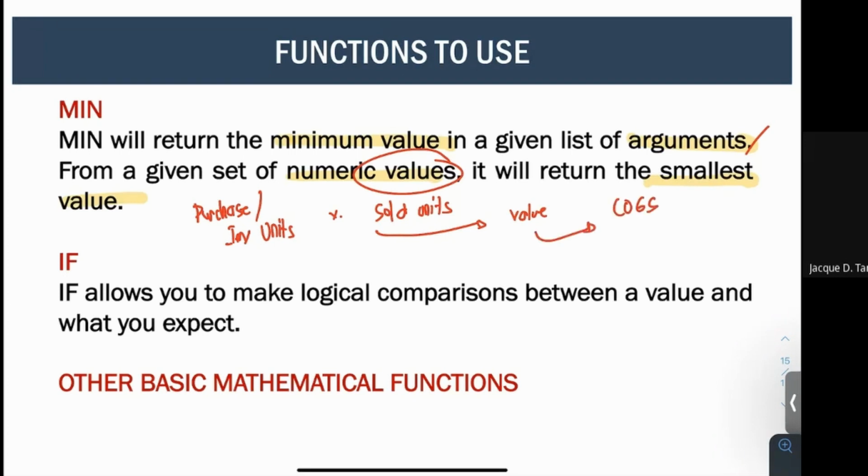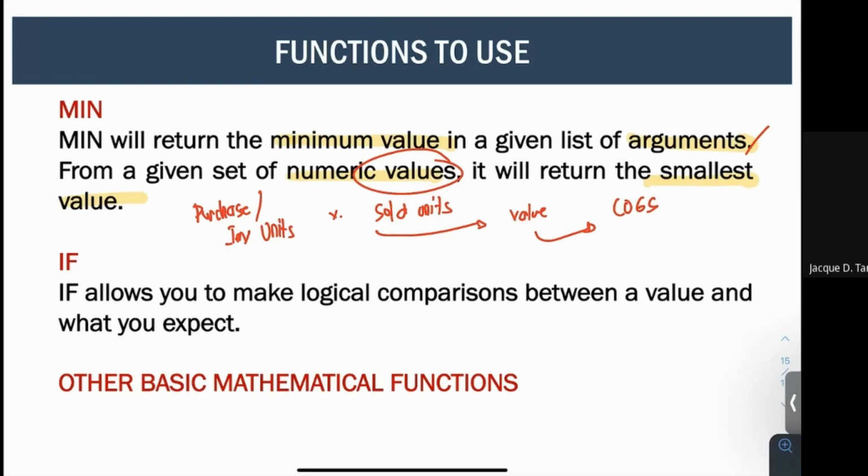Remember in FIFO, whatever is the first sale, the units sold will come from the very first units. That's why we get the minimum of the sold units from the purchased units, and then we get the value for the cost of goods sold.